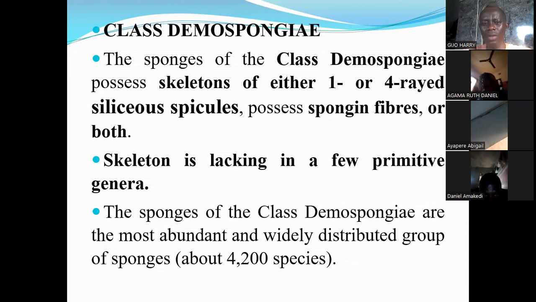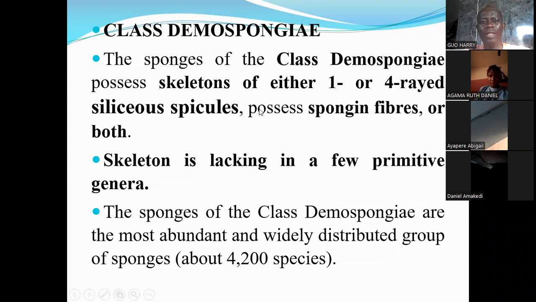Their skeleton is made up of silica, just like the Hyalospongia. But the Calcispongia have a skeleton made up of calcium carbonate.